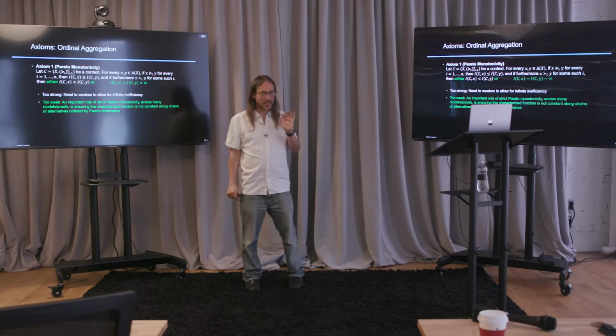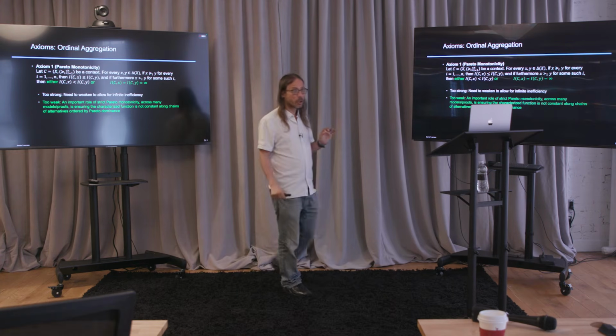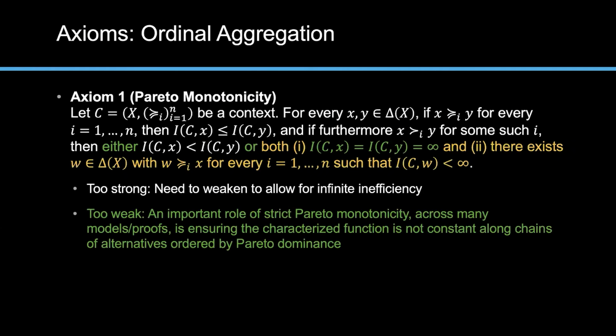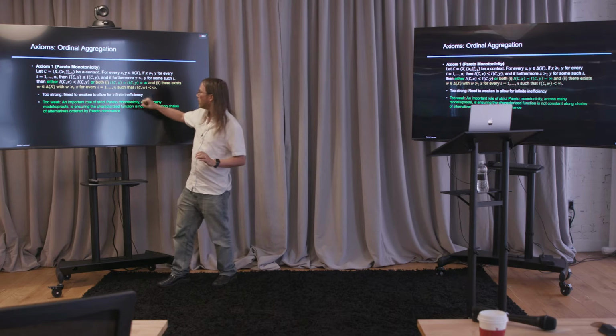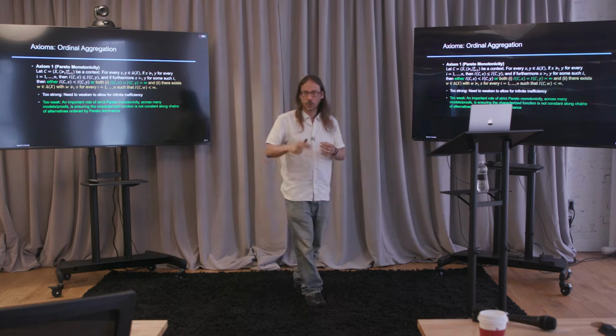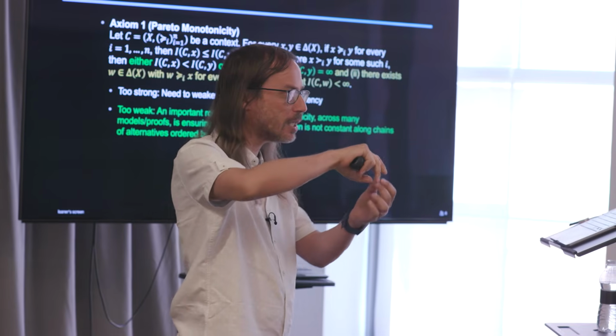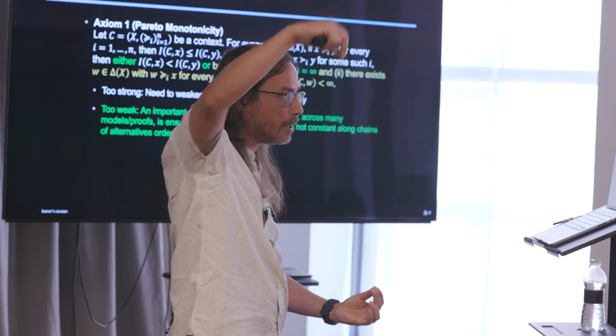So we're going to slightly strengthen it, still weaker than what's written in white here, to make sure it doesn't allow for that. So we're going to say either inefficiency at x is less than at y, or they're both the same, but there exists another alternative that everyone likes better than x that has finite inefficiency. So we don't allow for infinite inefficiency across maximal chains ordered by Pareto dominance.